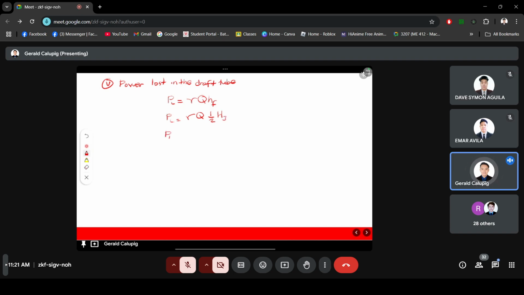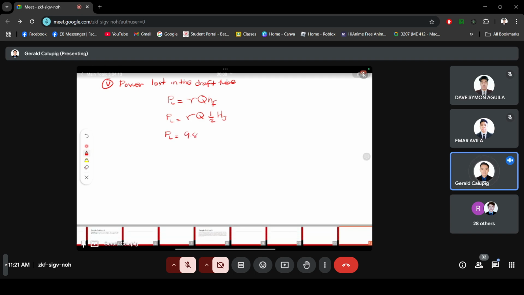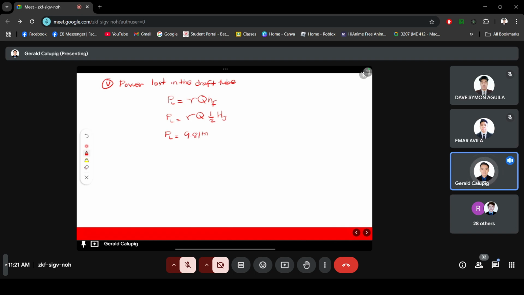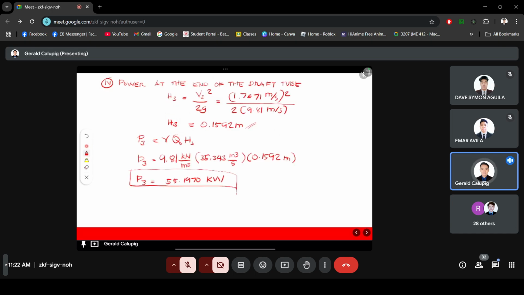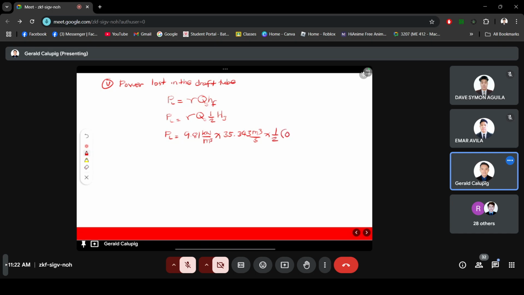We can have yung power loss is equal to 9.81 kilonewton per cubic meter times ang gagamitin natin Q is same pa din, which is 35.343 cubic meter per second times 1 half ng H3. Ang H3 natin is 0.1592 meters.